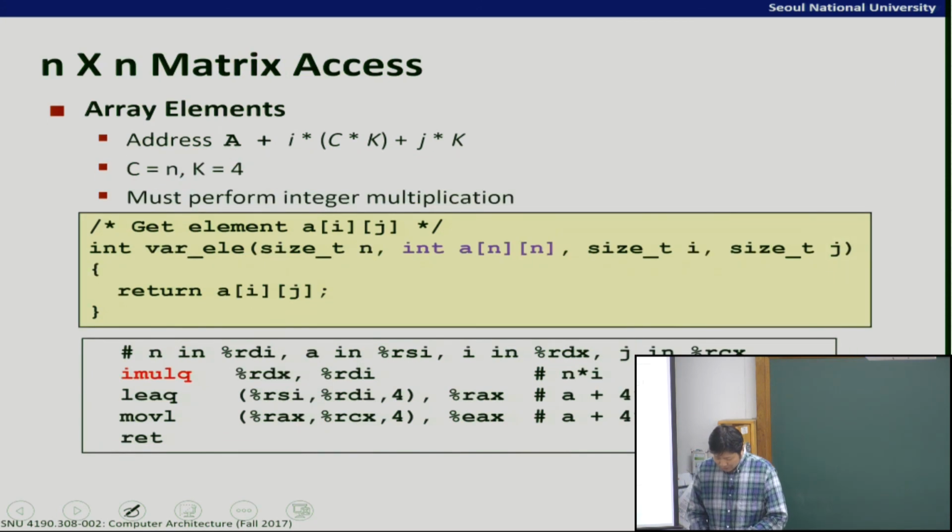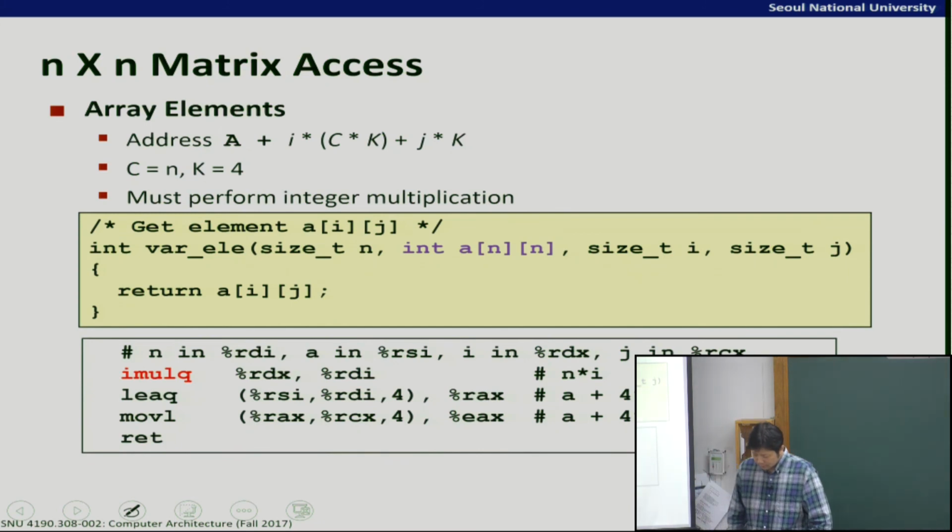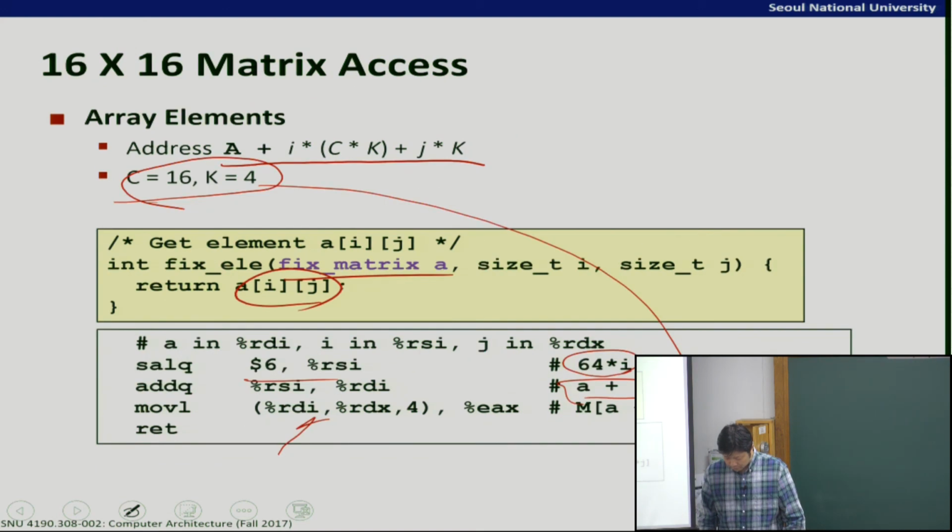But if you have n times n array elements, where n is a variable, then we don't know the size of the array. So we have to use a generic integer multiply, because we don't know the value of c in this case. In the previous case, we already knew the value of c and the value of k.